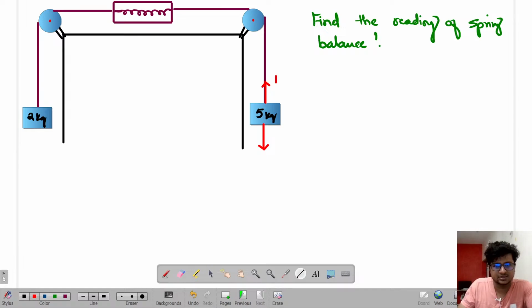So there will be two tensions. Now T1, this is T1, and this is T1. On this side, T1, correct. This side, sorry, not T2, T1.